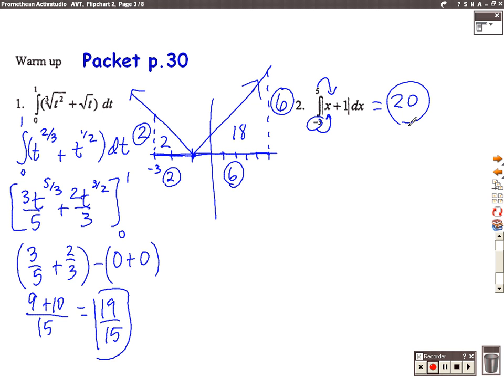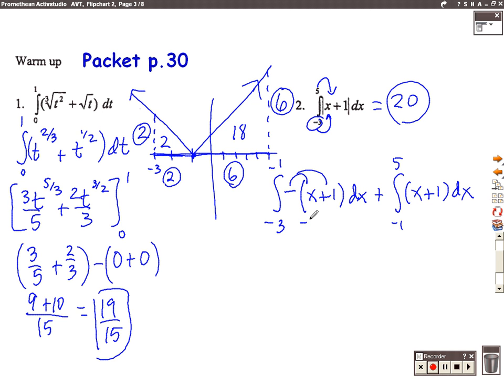Now the other way to do that problem, if you want to, is to separate the integral: start at -3 and go to the vertex at -1 on the negative side of the absolute value function, plus start at the vertex -1 and stop at 5 on the positive side. You'd have to distribute the negative and make this -x minus 1.